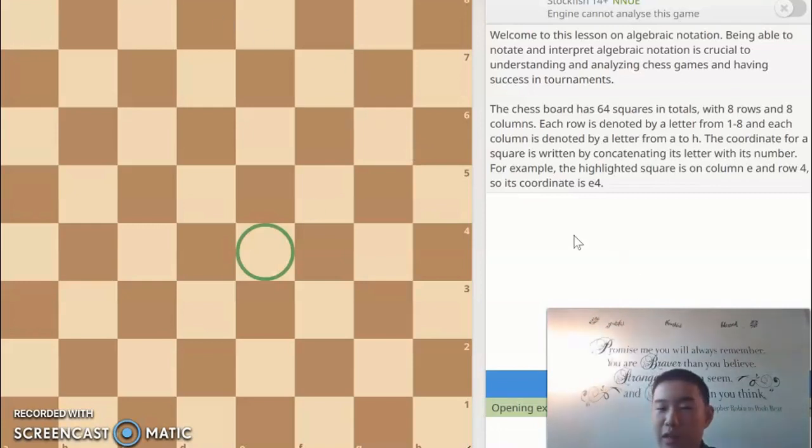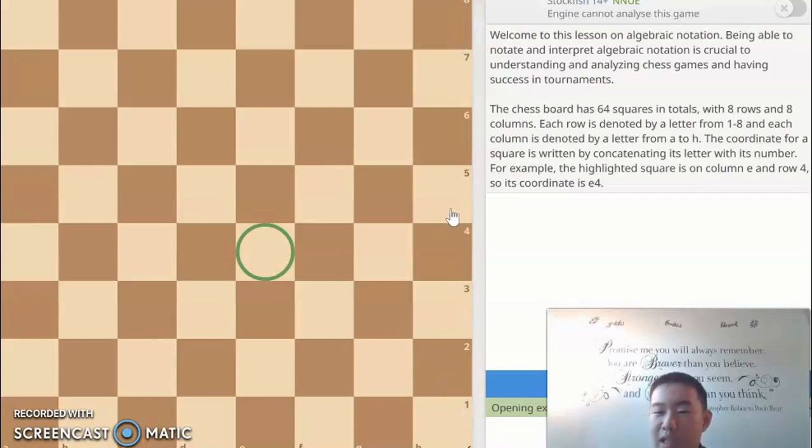So, to begin, on the screen, I'm going to have a chessboard on my left side, and all the notes are on the right side here. So, to begin with the introduction, the chessboard has 64 squares in total. It's an 8x8 board. And each row is denoted by a number from 1 through 8.